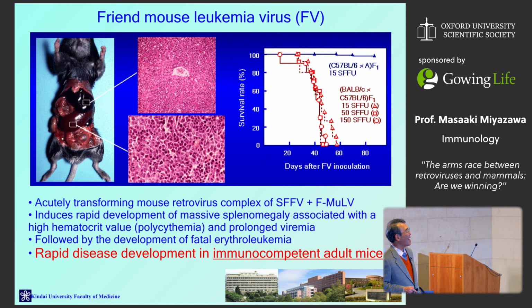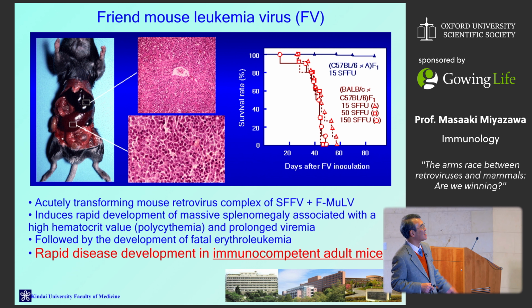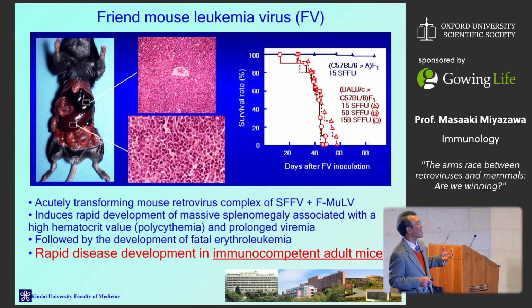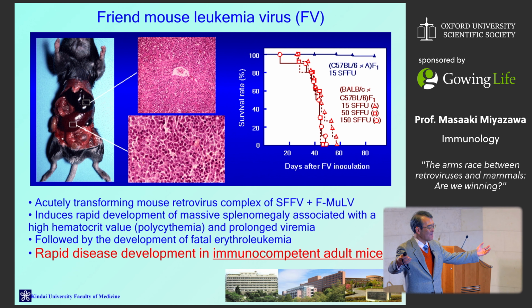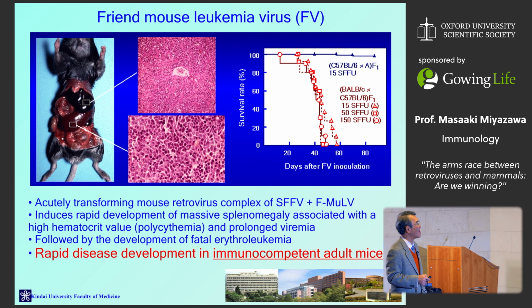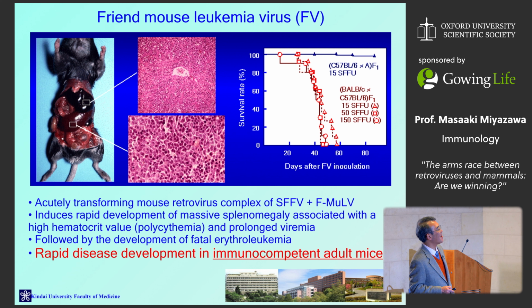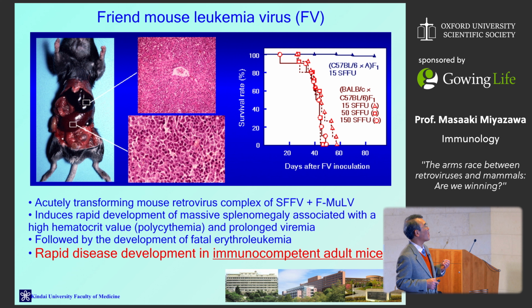In the spleen, red blood cell producing progenitor cells, erythroid progenitor cells, expand very rapidly, causing a 20 to 50 times enlargement of the spleen. Infected mice can die within 2 months, showing an enormous infiltration of erythroid leukemia cells, not only in the spleen, but into the liver and the brain.